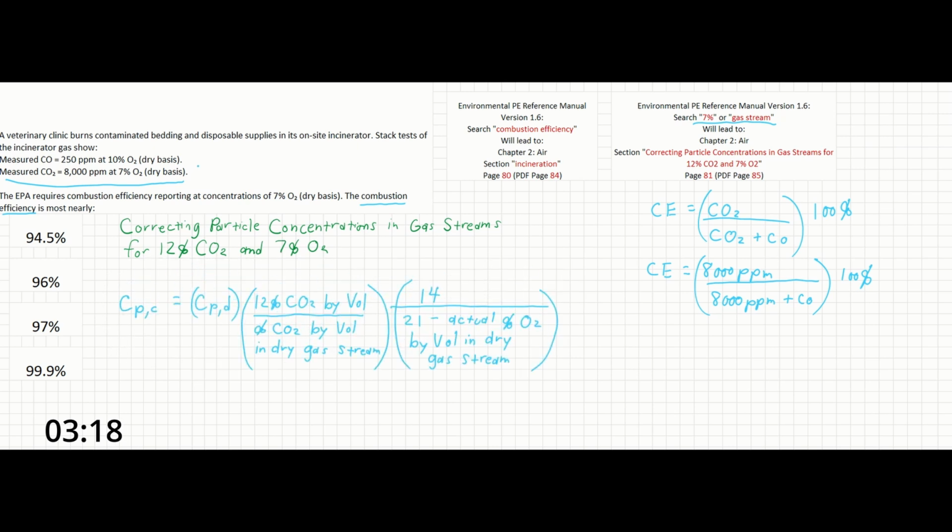The measured CO2 is already at 7% O2, and because the percent of CO2 is not given for either CO or CO2, we have to use the O2 in this calculation.